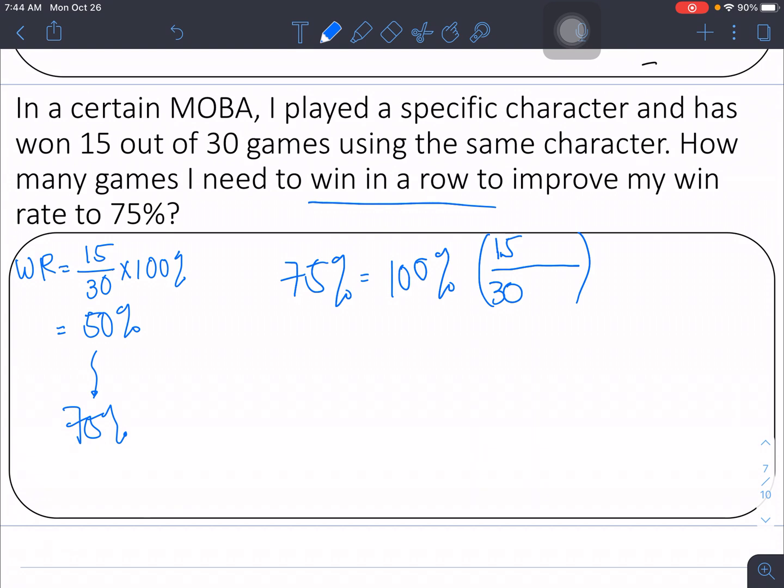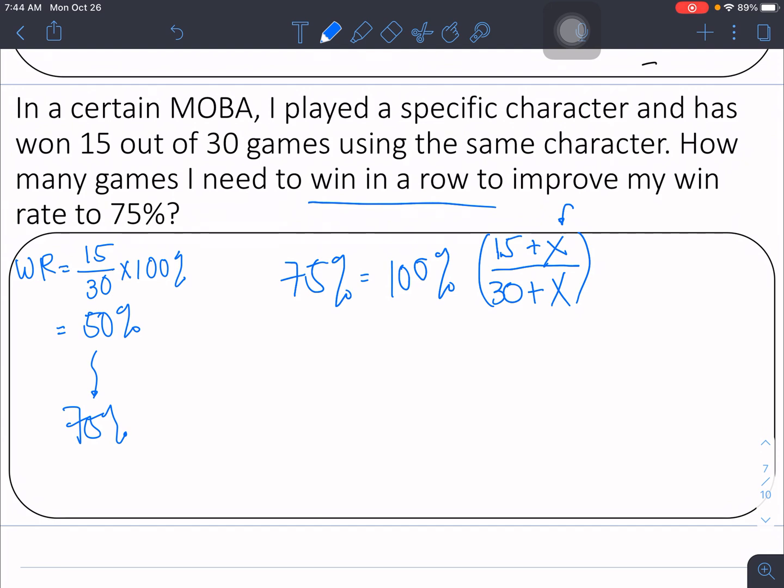I would like to know how many games I need to win in a streak, in a row. How many winning games should I add to 15 to improve my win rate from 50% to 75%? The effect of this will also be added to the number of games played, because for every game I win, I also add to the number of games I played.